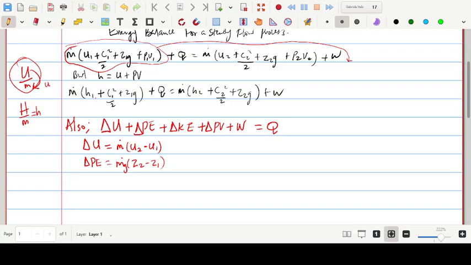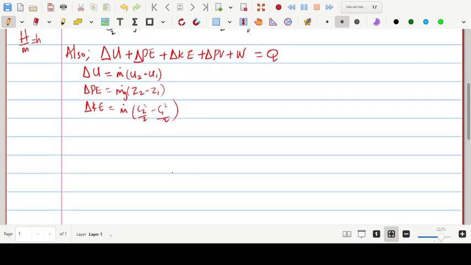This one is m dot z1 g, then this one m dot z2 g. We also have kinetic energy, which is equal to m dot (C2 squared over 2 minus C1 squared over 2). So we have this one to be the change in kinetic energy.